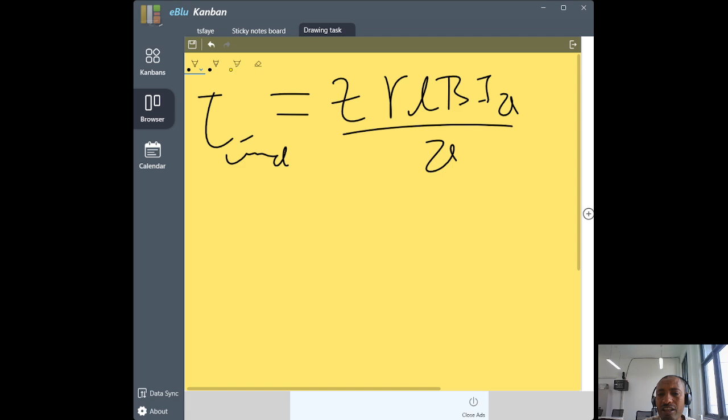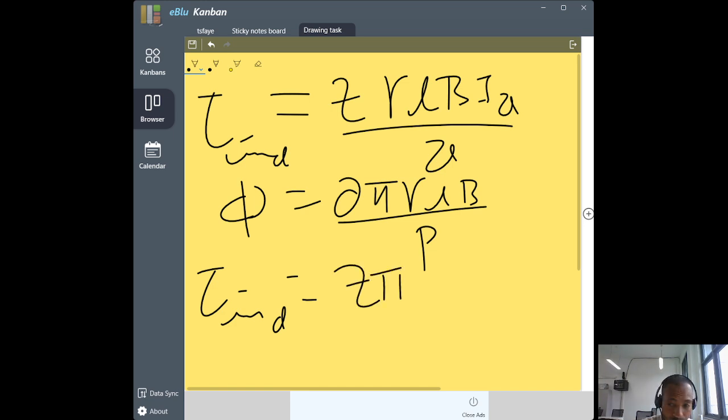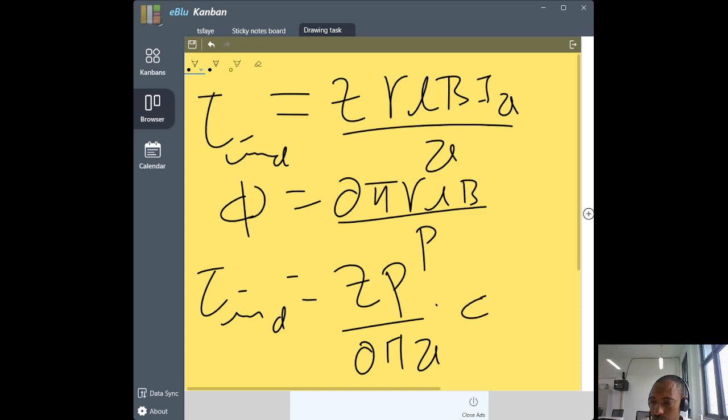And if we rewrite in terms of the flux, which is 2 pi R L B by P, this was the flux, then the induced torque is going to be Z P divided by 2 pi A, times flux, times I_A. Just rewriting in terms of the flux.